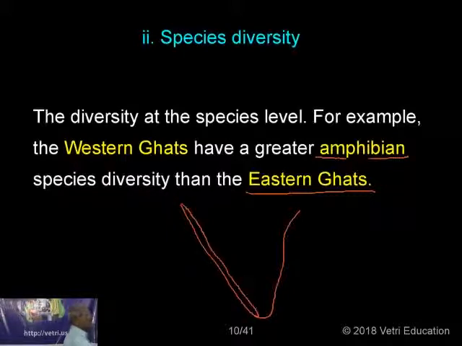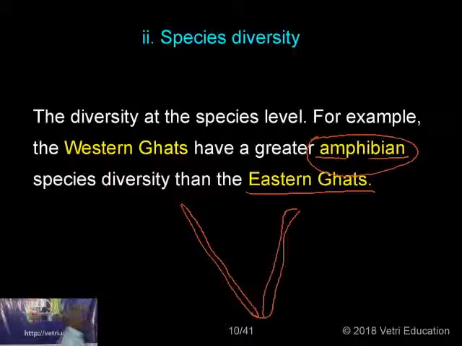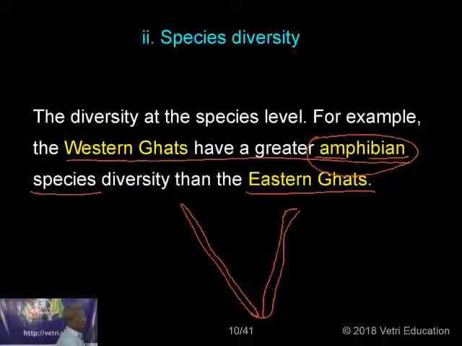In the Western Ghats, the amphibian diversity is more than in the Eastern Ghats. So this is because of species diversity. The diversity at the species level is called species diversity. The Western Ghats have more amphibian species than the Eastern Ghats. Okay.